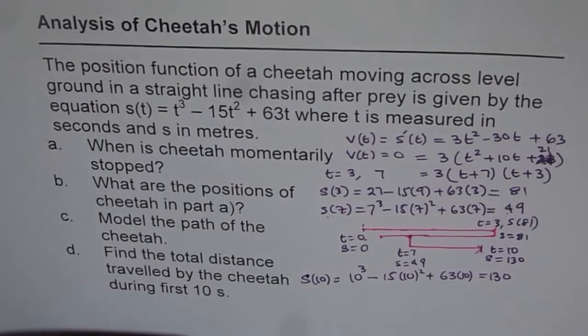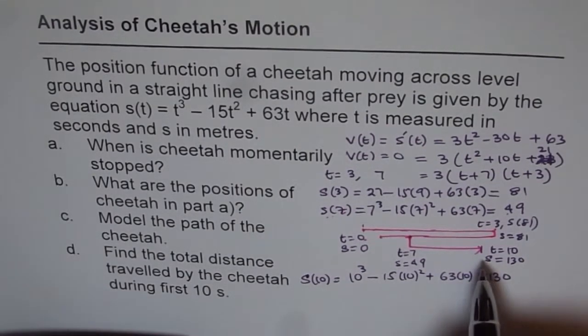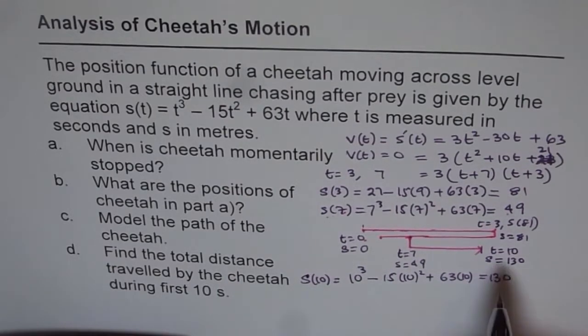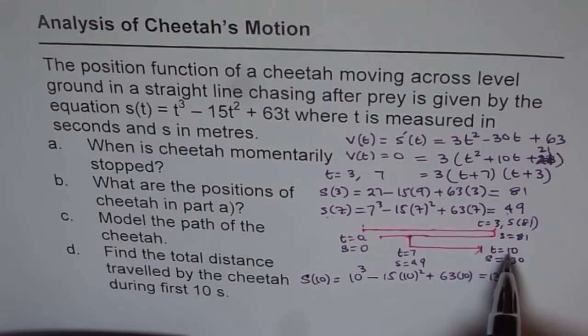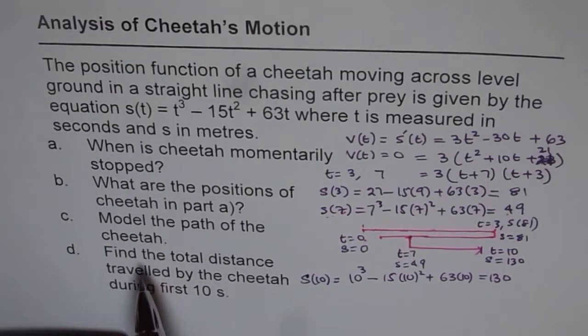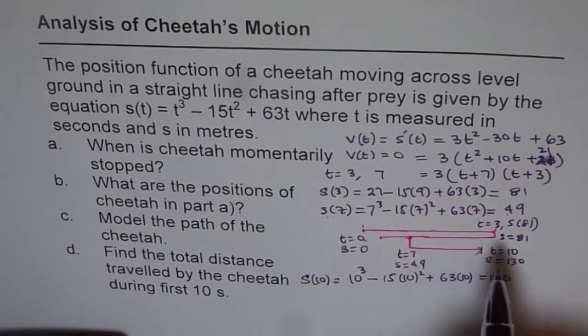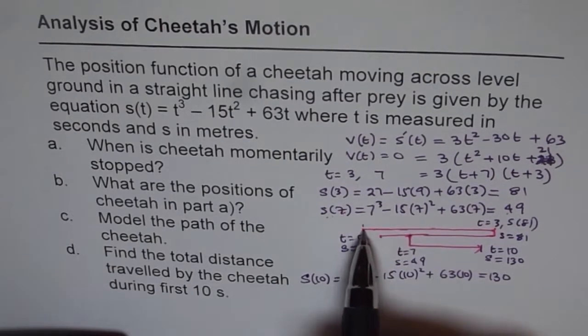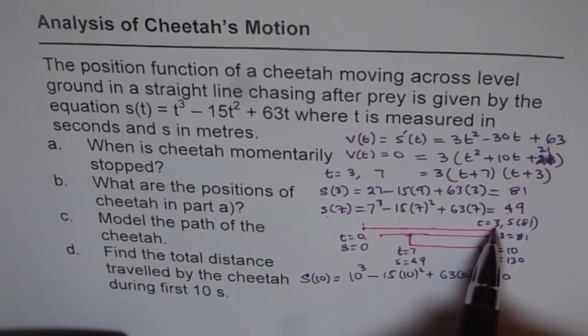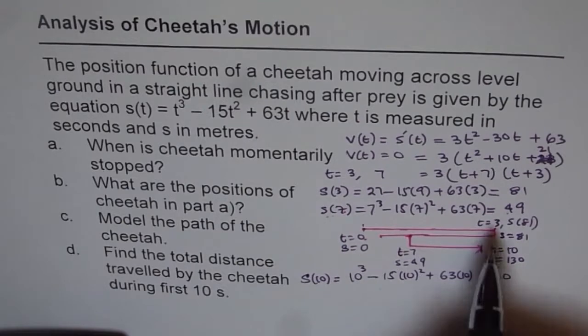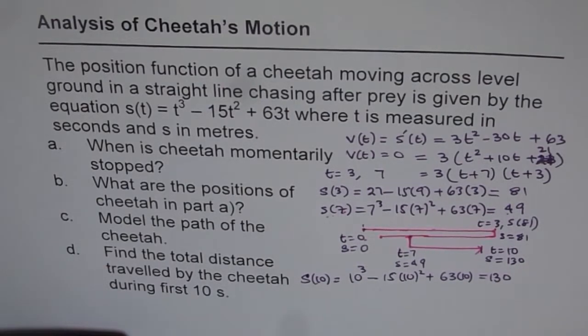Now what you see here is that the displacement is 130 at the end of 10 seconds. The question is, find the total distance traveled by the cheetah. If you see from here, it moves 81 units in one direction, right? So let me write down the total distance.